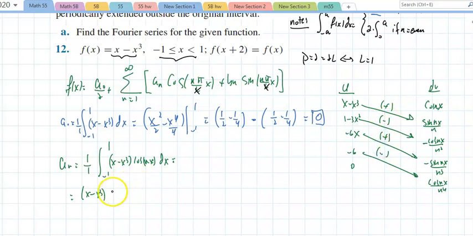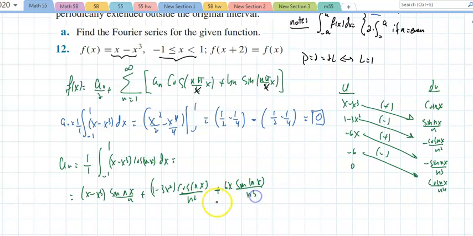So it's going to be positive sine of nx over n plus 1 minus 3x squared times the cosine of nx over n squared plus 6x, the sine of nx over n cubed, negative times a negative, plus 6, the cosine of nx over n to the fourth, evaluated from negative 1 to 1.